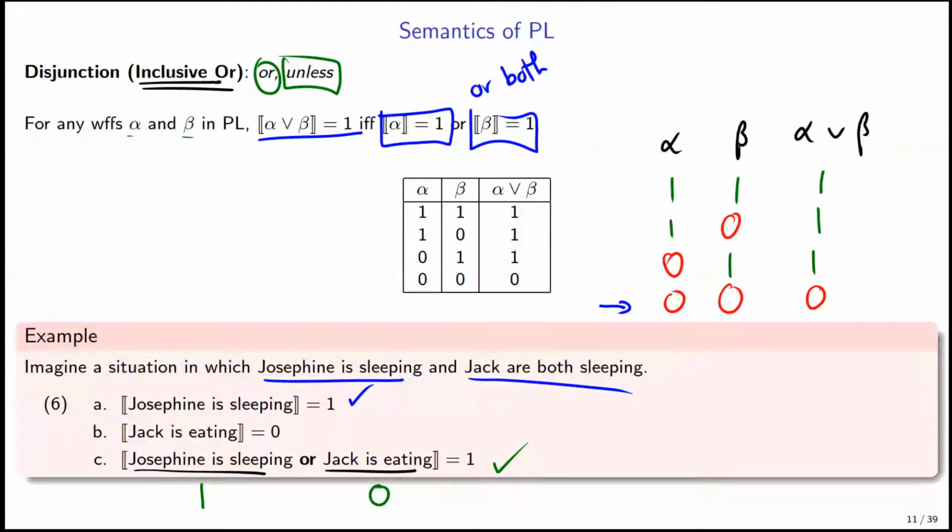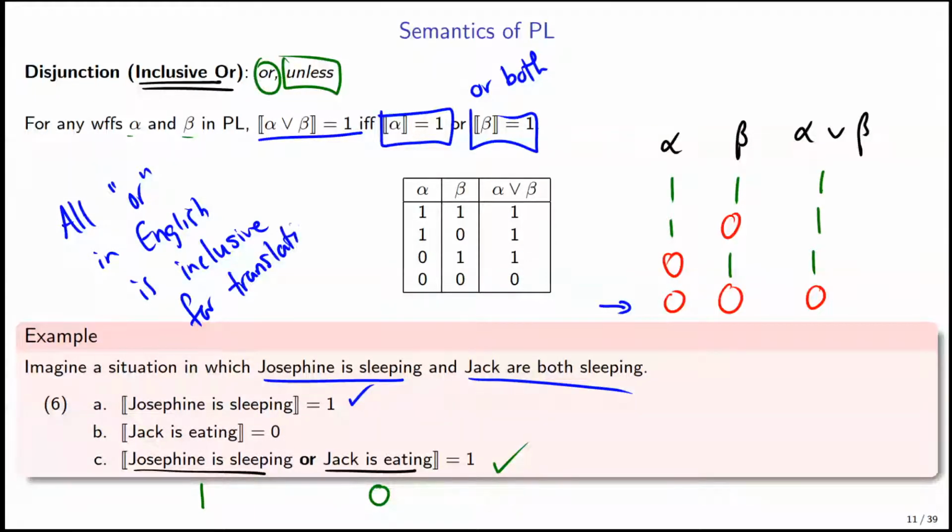And what I want to say is, we treat all ors in English as inclusive for translation. There's one exception which we're going to see in a bit, and I'll cover it then, but just for now, whenever you think of or, this is inclusive.